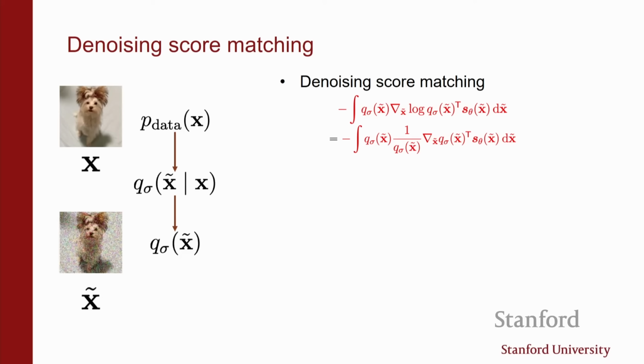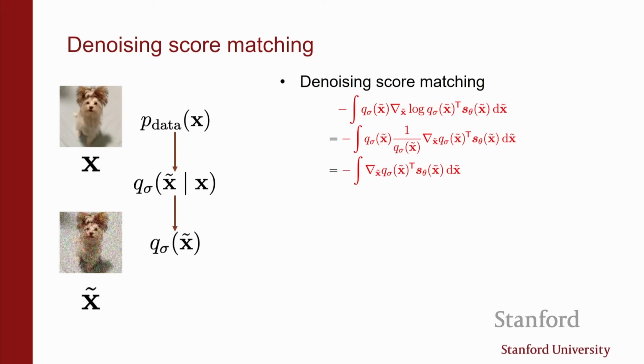I just expanded the gradient of the log of Q sigma. And now you see that this Q sigma here and Q sigma down here will cancel with each other.